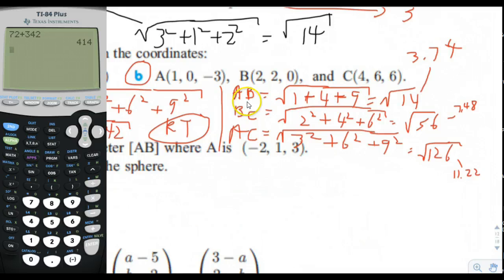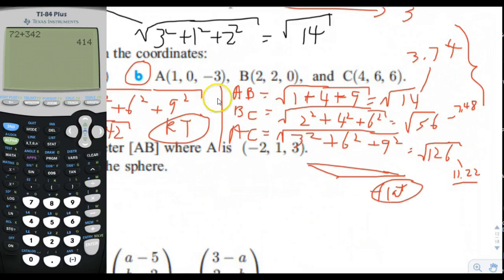Oh, look at that. If you add these two together, you're going to get exactly 11.22. So if you have two sides of a triangle that add up to the exact same length as the third side, basically you don't have a triangle, you have a really flat line, right? So this is like a flat triangle. I don't know what you call it, a flat triangle, or maybe a straight line. Okay, so that's a bizarre triangle there.